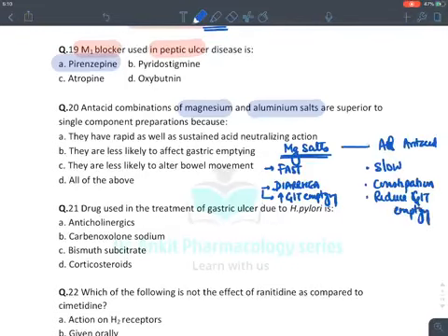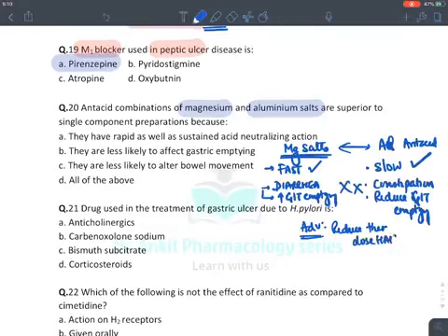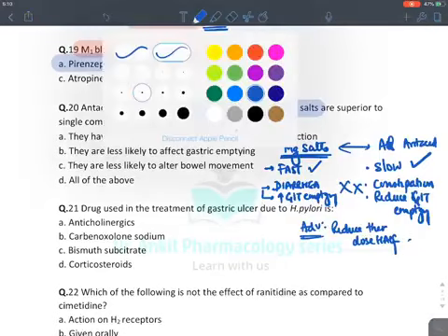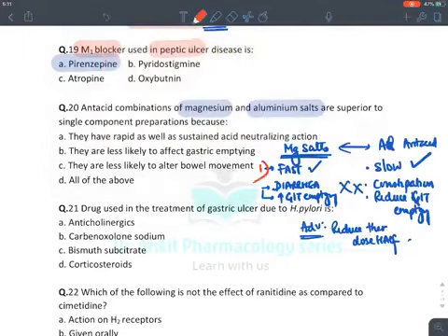So can we say if we will be combining them together, they will produce fast as well as slow response, and they will not have much effect on GIT motility. And the great advantage is we can reduce their dose also. We can reduce their dose to the half. Okay, so these are the three advantages. It will produce both fast and slow action.